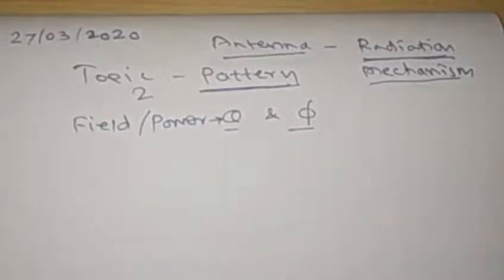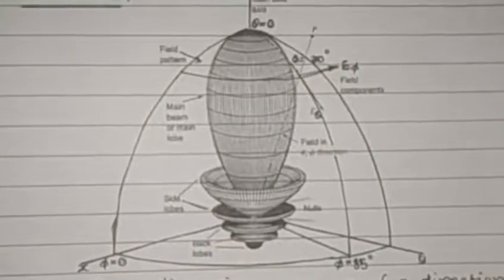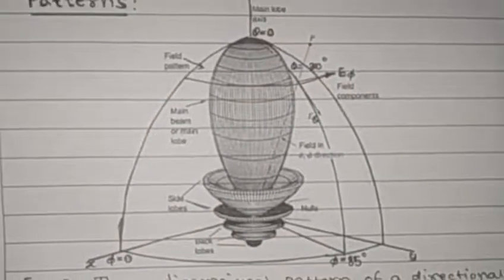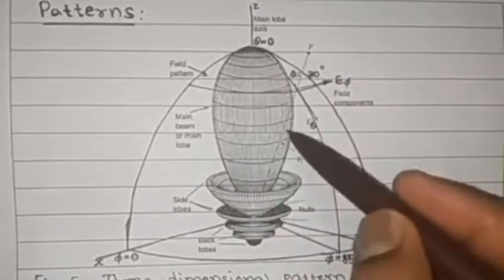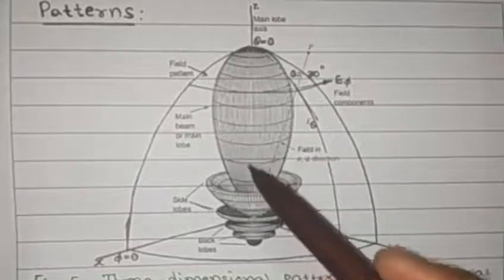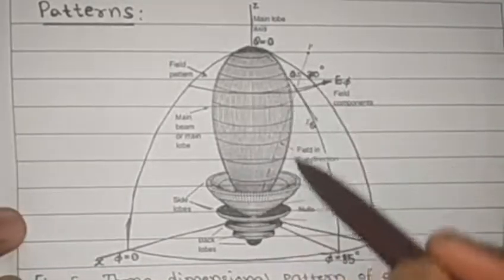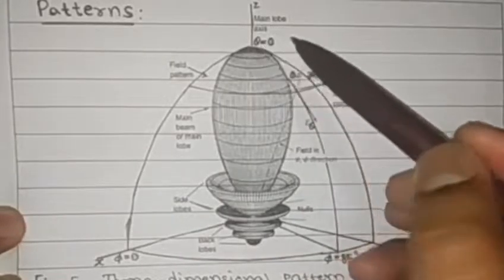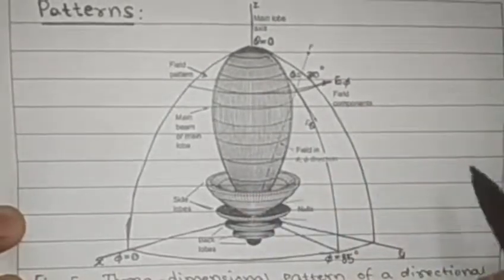A usually three-dimensional radiation pattern is represented with this diagram, and details of this radiation pattern include a lobe. It can be a major lobe or minor lobe. Radiation in this particular example is happening in the maximum direction theta equal to 0, and this particular diagram is an example of a field pattern.